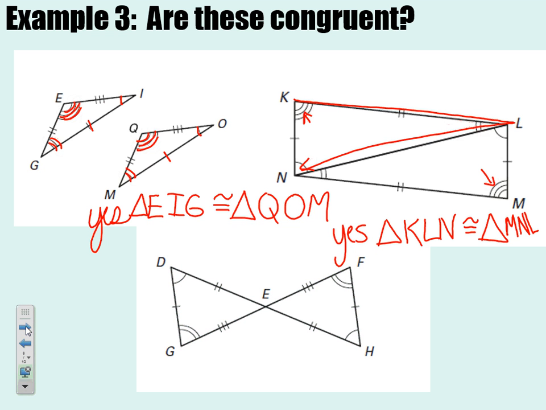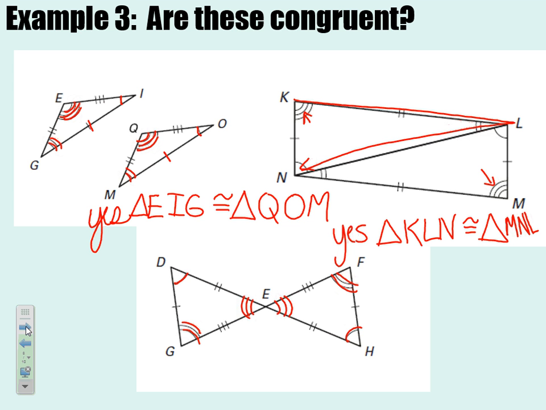Third one down here, let's see if these two triangles are congruent. Let's look at their markings. Well, they have an angle shared here, here, 2 angle slash, 2 angle slash. Looks like all the sides are marked in both of them. Hey, right here at E, there's some vertical angles. Those two vertical angles would in fact be congruent to each other, and we should go ahead and mark that.